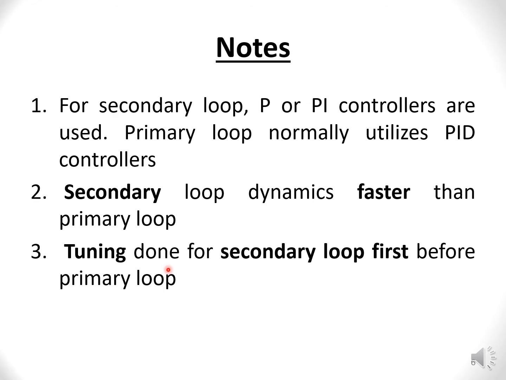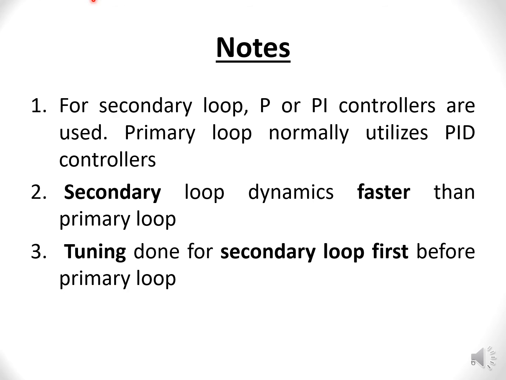So we have to give more time and attention to the primary loop, and normally you can do it well if your secondary loop has been handled. But it takes more time because, as I said, the primary loop normally consists of the PID controller. So it takes more time to tune the primary loop as compared to tuning the secondary controller.